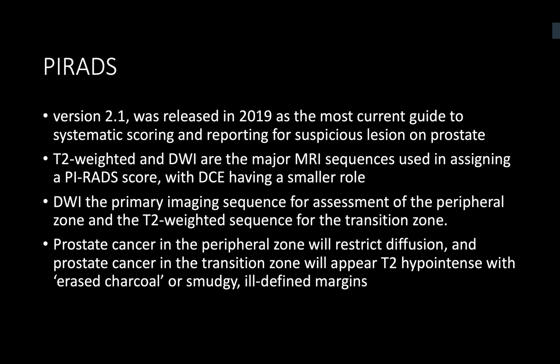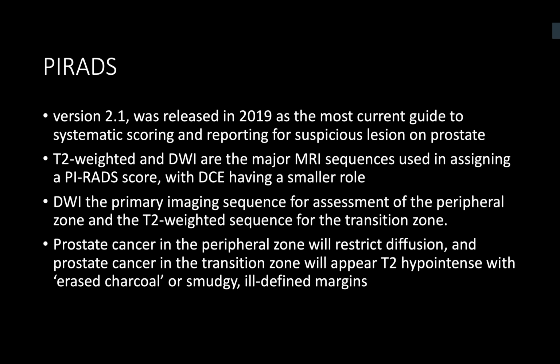Okay. Coming to the scoring system using the MRI scan parameters, can you tell me which scoring system we are using now? We can use the PIRADS version 2. I'll talk about the PIRADS for now.